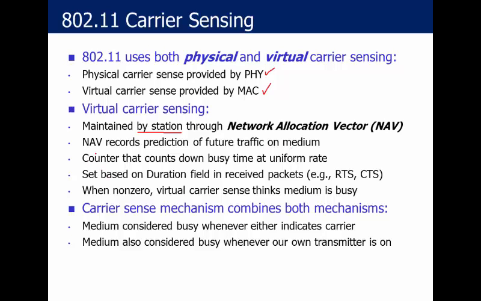So it's a counter that counts down busy time at a uniform rate, and based upon the time counting, the RTS and CTS, those two packets, can be transmitted in a certain order.